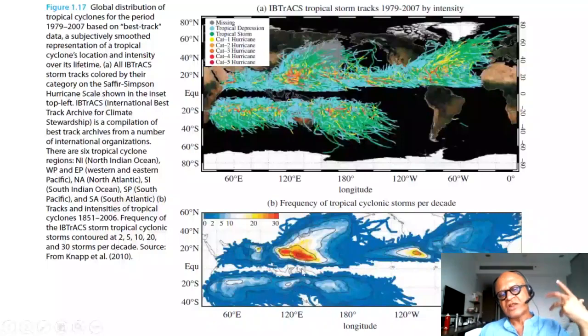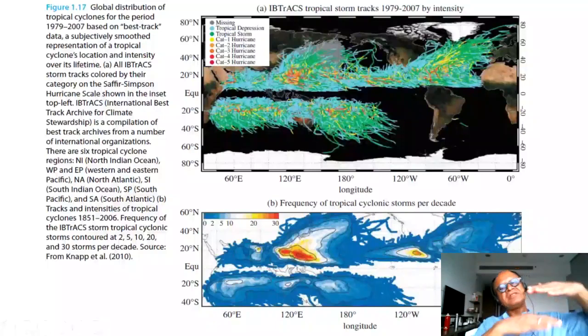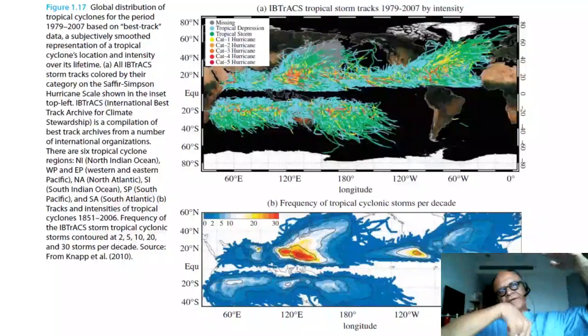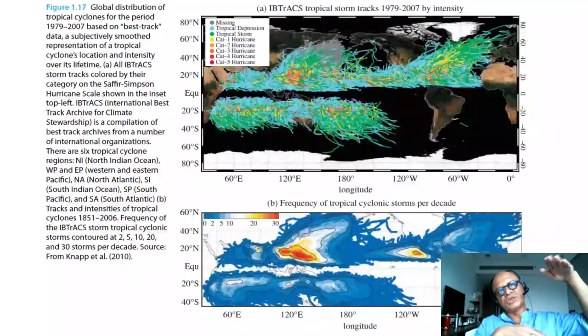So there, cyclogenesis itself depends on MJOs, which move west to east, as we said. It's affected by El Nino, La Nina, and there are other influences as well. So it depends on the vertical shear in the atmosphere, how winds change from the surface to the top, because the energy of the cyclone can be chopped off if the shear is strong.